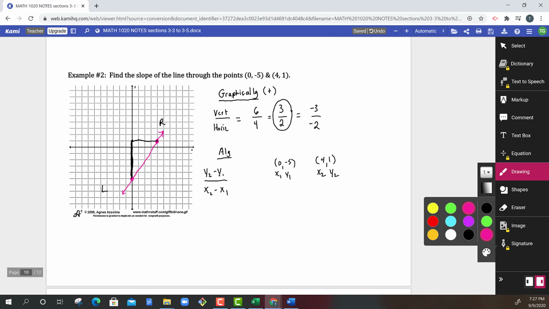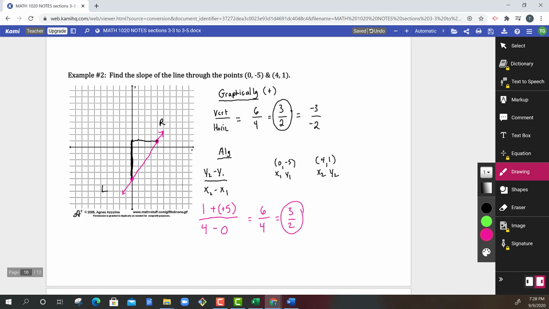And then we're just going to substitute here, being careful when we have lots of negatives. So y2 is 1 minus y1, which is -5. So we've got that double negative again. That'll happen a lot. Divided by x2 minus x1. So the double negative becomes positive. 6/4. We get the same answer, 3/2.